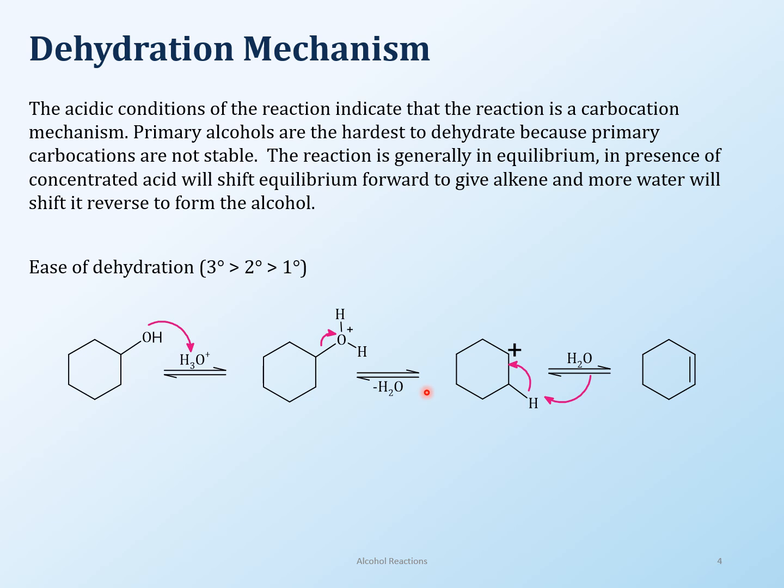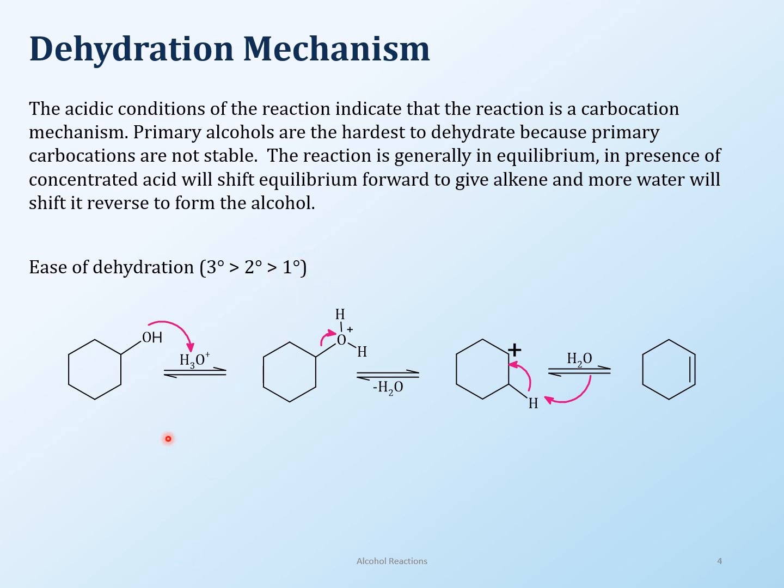The other thing I want to mention is, since we're talking about a carbocation mechanism, this is a secondary carbocation. A tertiary carbocation is more stable than a secondary, which is more stable than a primary carbocation. So if you're going to favor the mechanism as an E1, then tertiary and secondary carbocations are favored. Primary alcohols will form a primary carbocation, which is not all that stable.